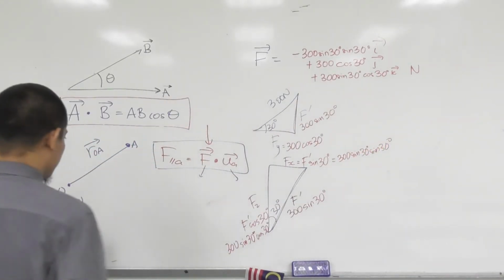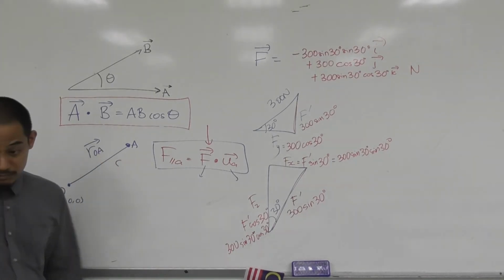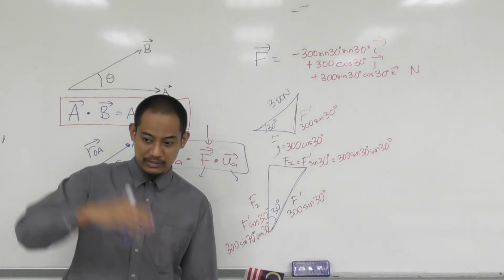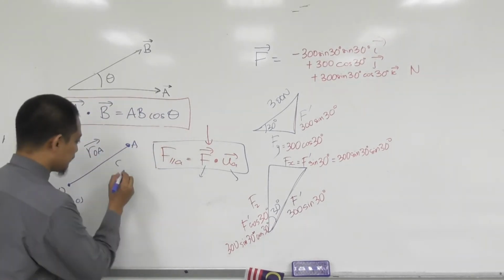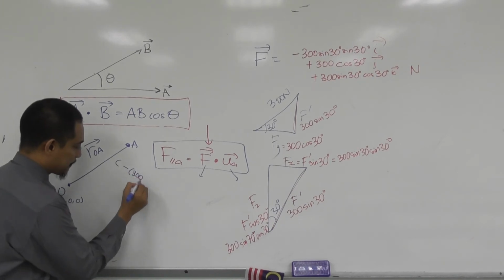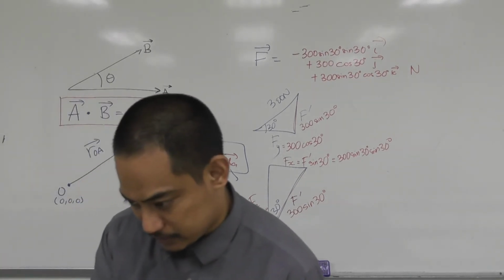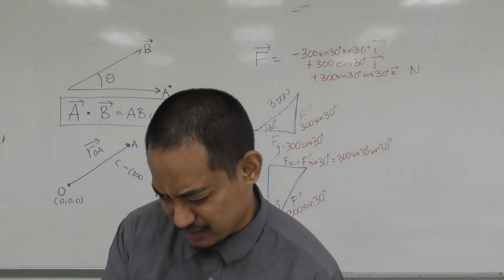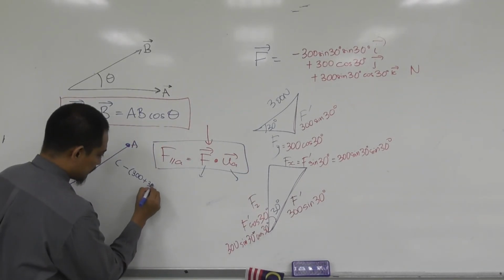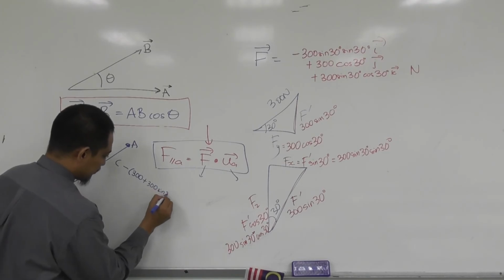So A is, X coordinate is, okay, it's on the back, so it's minus 300 plus 300 sine 30, right? 300 plus 300 sine 30.